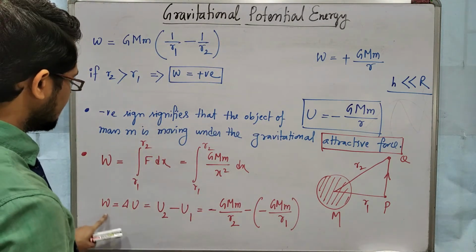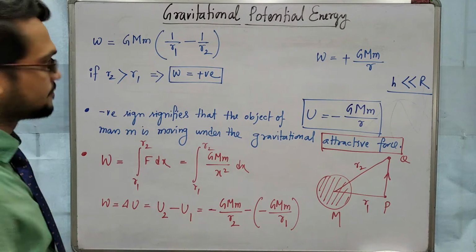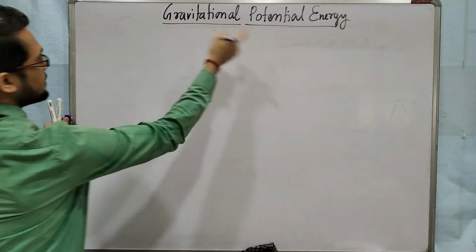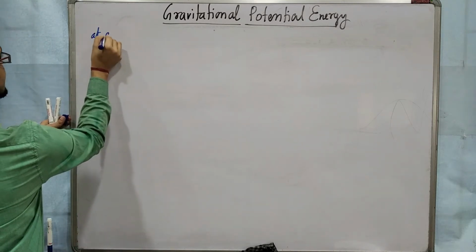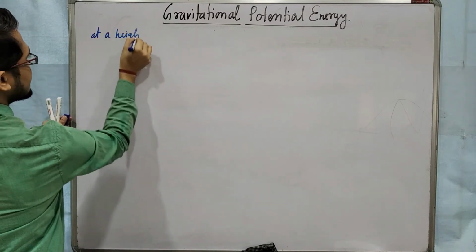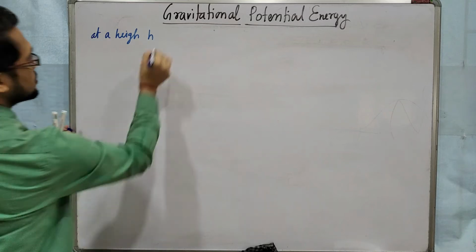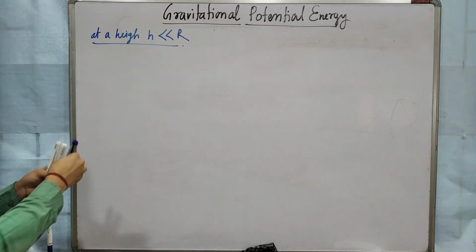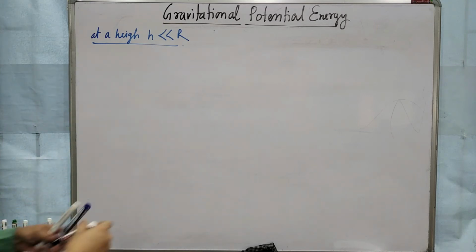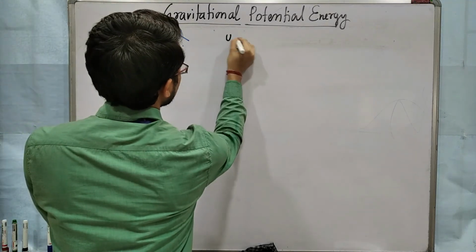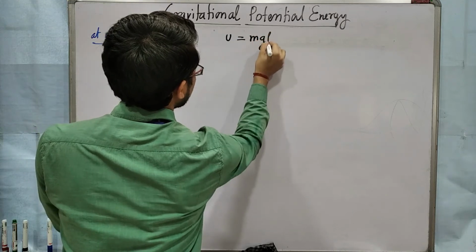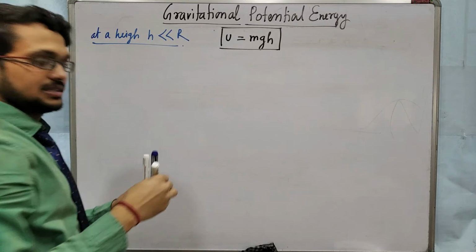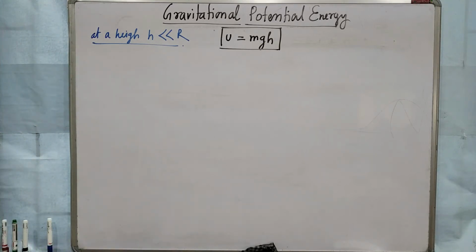Now we'll use the same concept, W equal to U2 minus U1. So now, gravitational potential energy at a height h, which is very much smaller than the radius of earth. We all know the potential energy formula, U equal to mgh, right? We'll check this formula. m is the mass of that object which we are taking to that height.